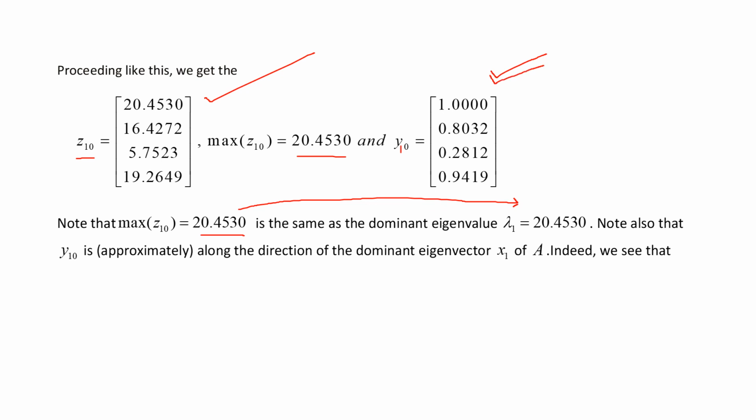The corresponding eigenvector is y10. We observe that the difference of these two vectors is very close to the null vector. And we have implemented the power method to find the dominant eigenvector.